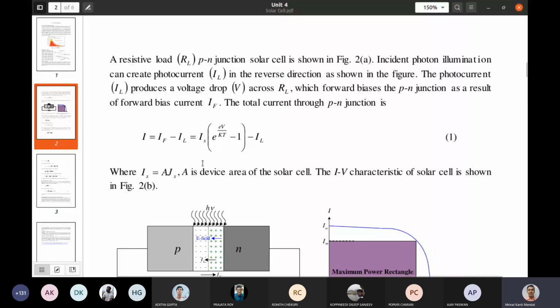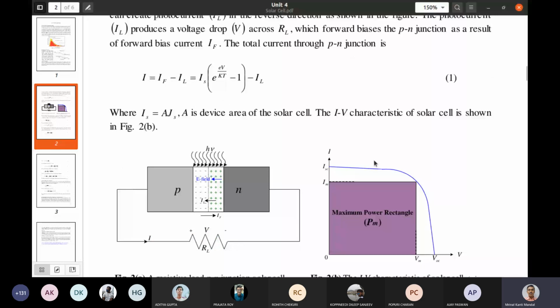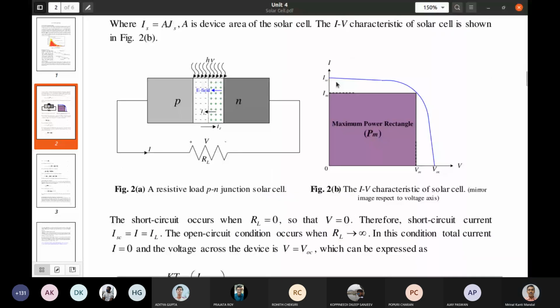And if you consider the IV characteristics for a particular solar cell, then it looks like this. And previously, I have already mentioned that it is in the fourth quadrant, right? When we discussed the PM, I have placed it in the fourth quadrant.